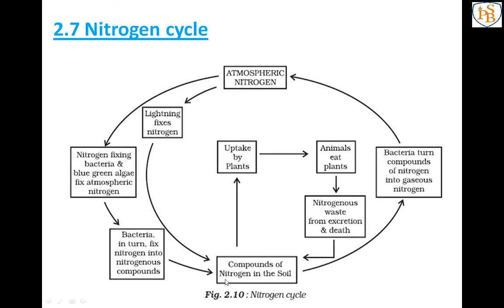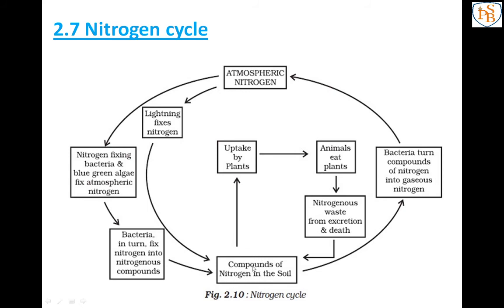See, again we are coming here. Sometimes this nitrogenous compound is taken by these bacteria and converted into gaseous form and again mixed with the atmospheric nitrogen. Means this cycle is always going on. First, atmospheric nitrogen through the lightning or fixers is converted into nitrogenous compound.